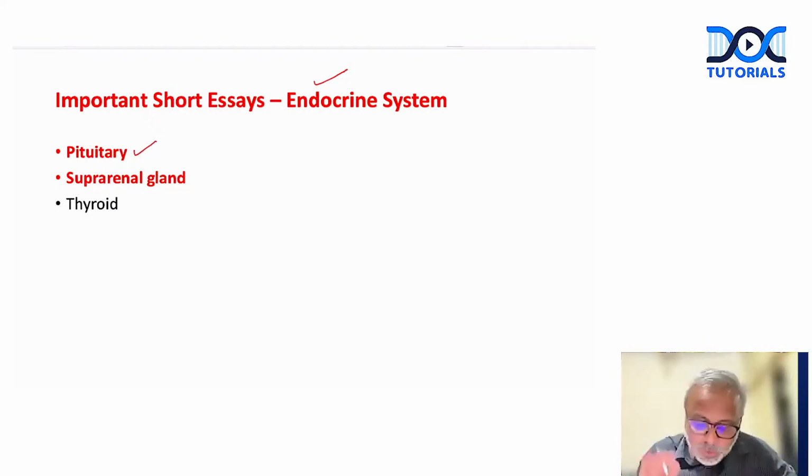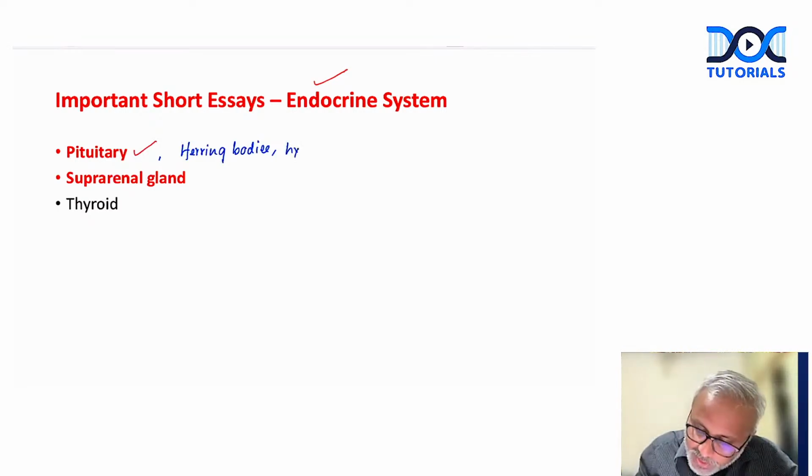Apart from pituitary gland histology, in the topic of pituitary itself, one question which can be asked, remember, is the question on Herring bodies. Then the other question is the hypothalamo-hypophyseal portal system.